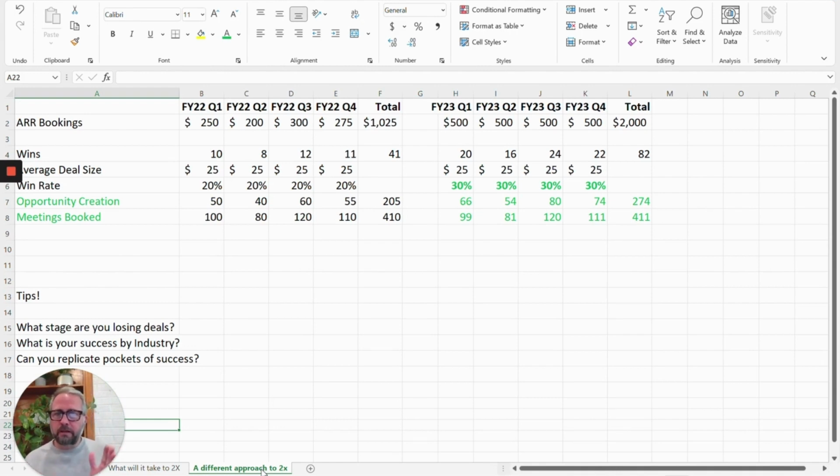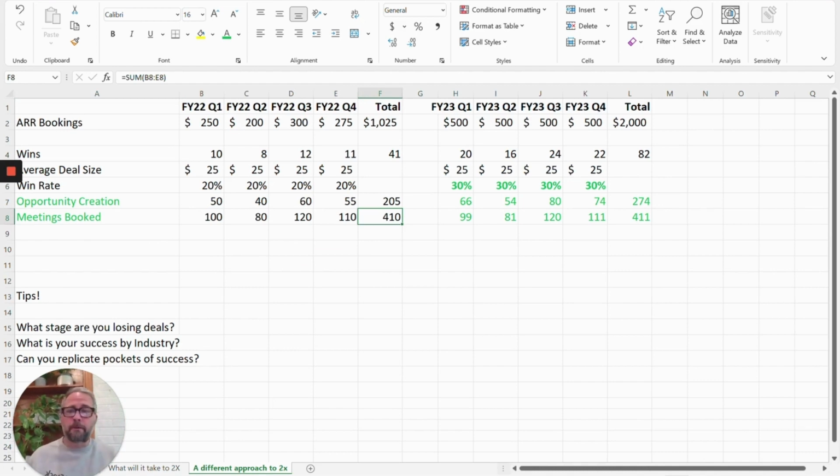It may only look like a 10% increase, but it's actually a 50% increase in win rate. It has a huge impact on your funnel attrition. And if you could have that same impact on your meetings booked or your MQLs or whatever you want to call it as well, you can actually get to the numbers without increasing your volume or your spend, just in sales efficiency.